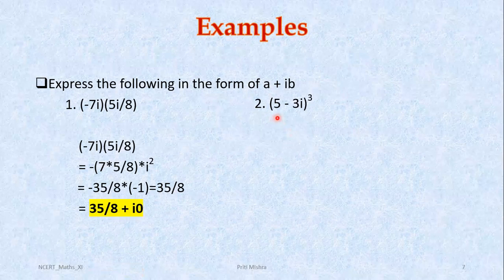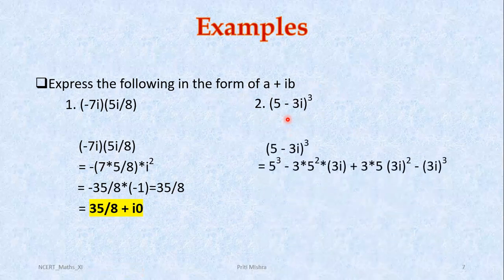Our second question is 5 minus 3i whole cube. So here we will use the algebraic identity a minus b whole cube. With the help of that, we will open this term. So we will be having 5 cube minus 3 into 5 square into 3i plus 3 into 5 into 3i whole square minus 3i whole cube. After solving, in the next step, we will be having 125 minus 225i plus 135.